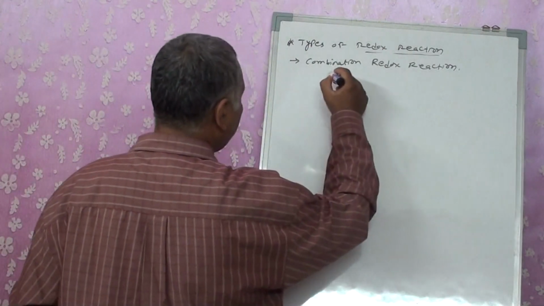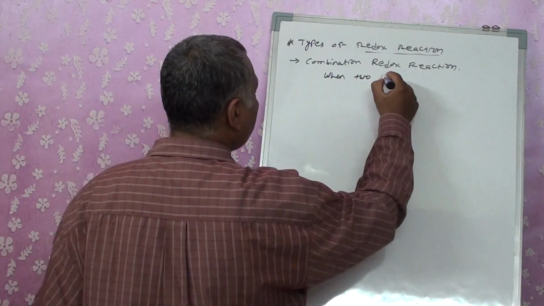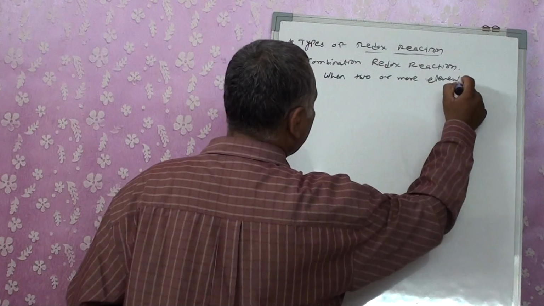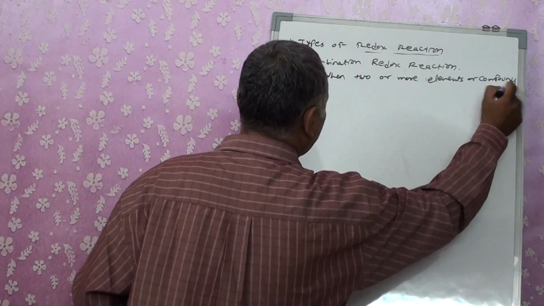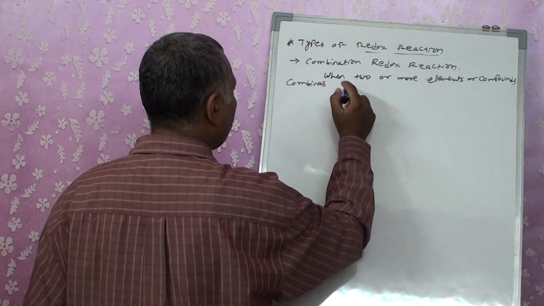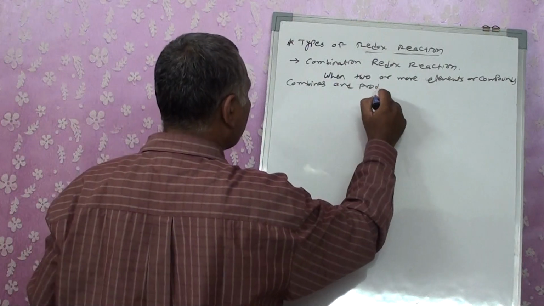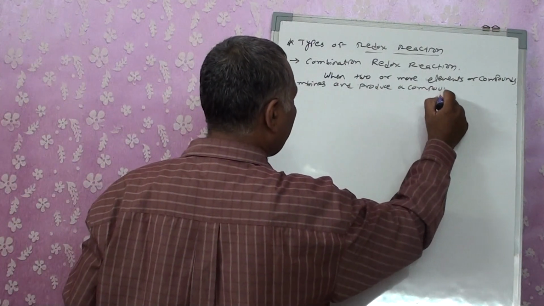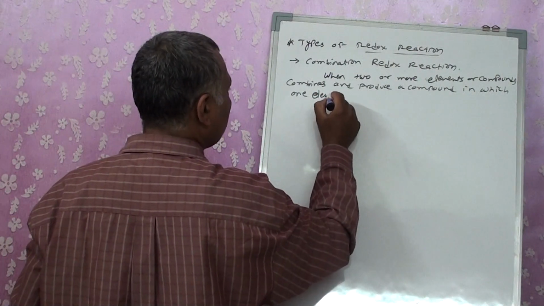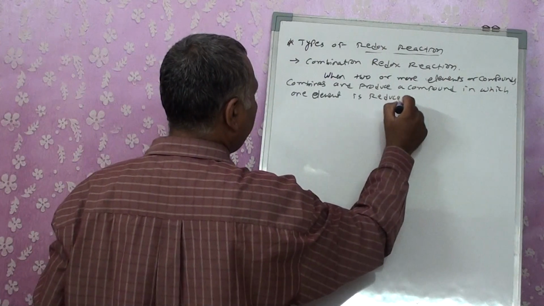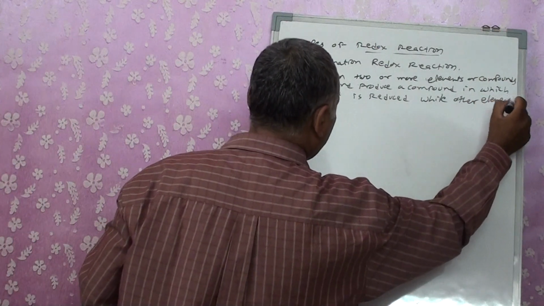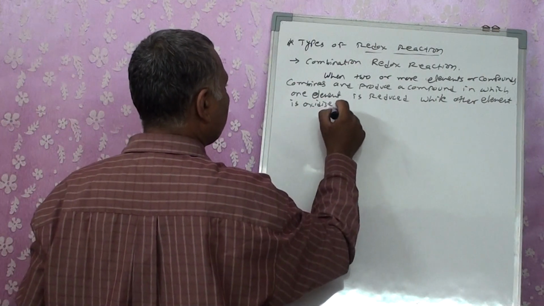So combination reaction is defined as when two or more elements or compounds combine and produce a compound in which one element is reduced while the other element is oxidized.